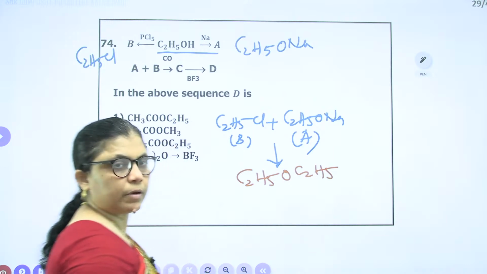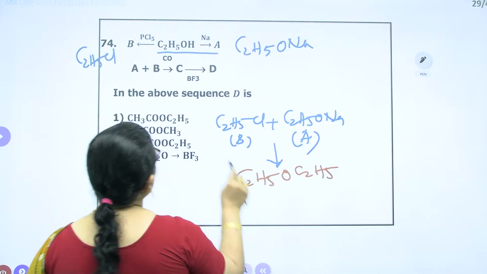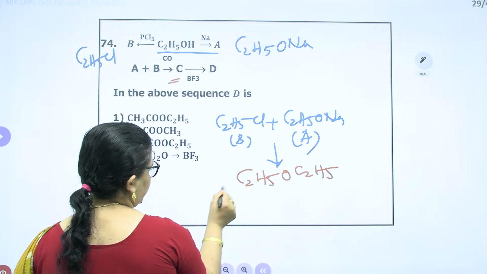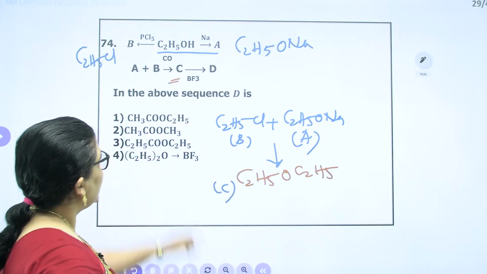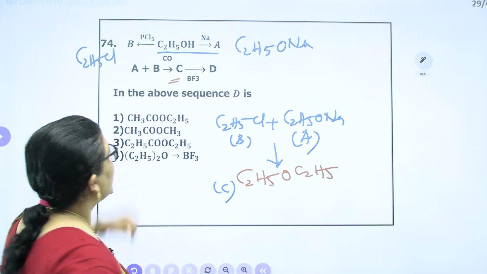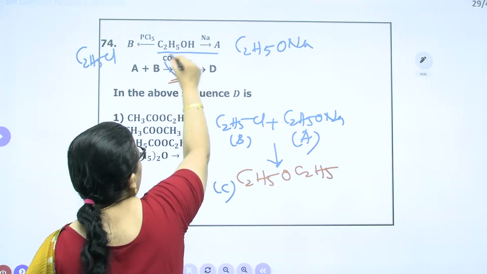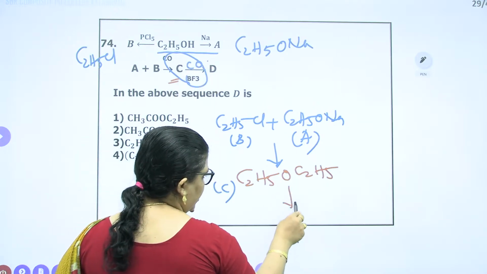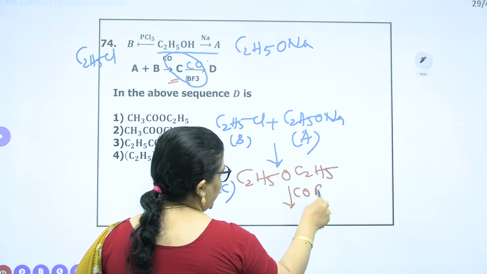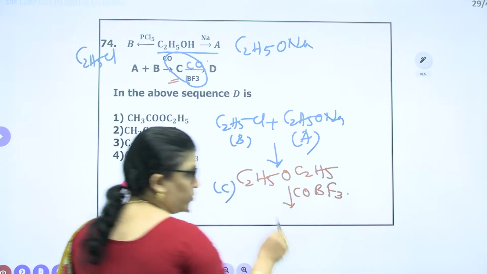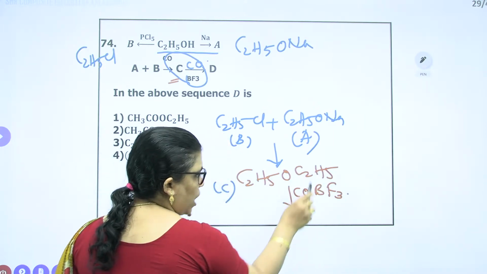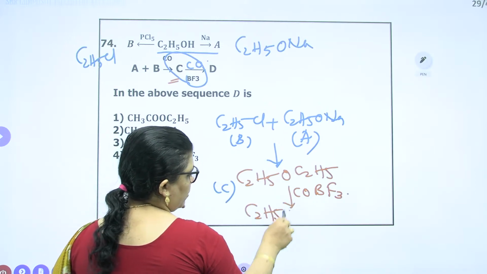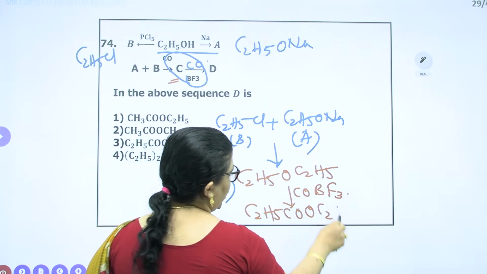This ether is C. They said that when C is treated with carbon monoxide and BF3, it is going to produce an ester, with these two carbon atoms and one carbon atom from carbon monoxide, COOC2H5.